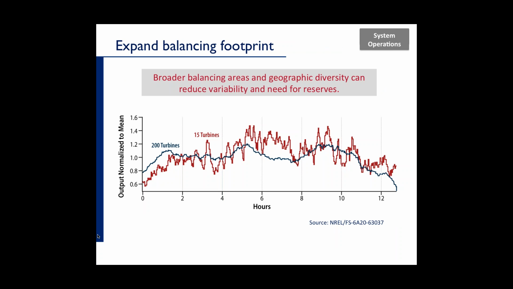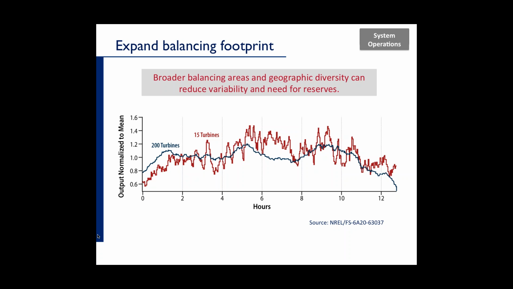The other thing that you can do is expand the balancing footprint. Larger systems are generally easier to balance, and that comes about for two reasons. One reason is that the demand tends to smooth out over wider areas.